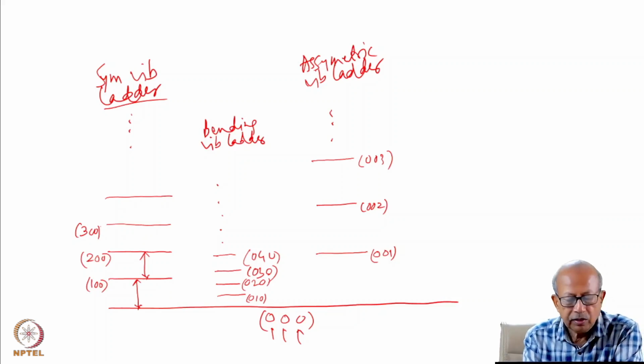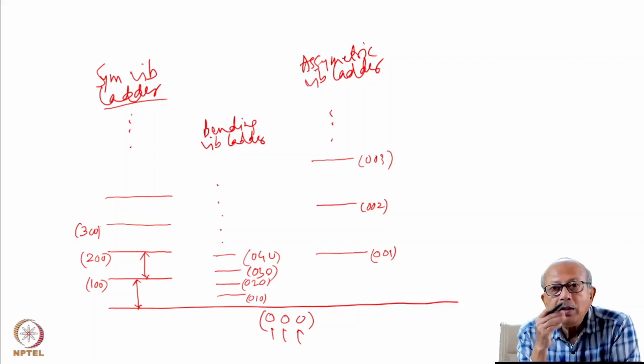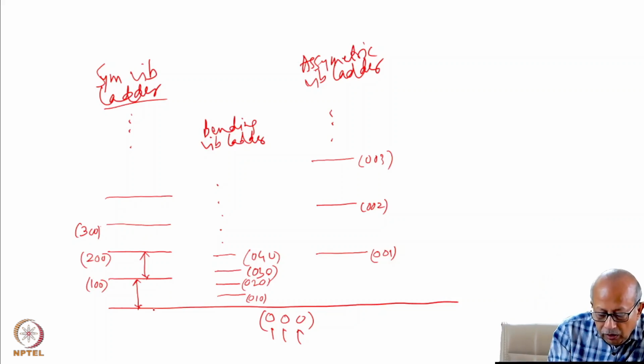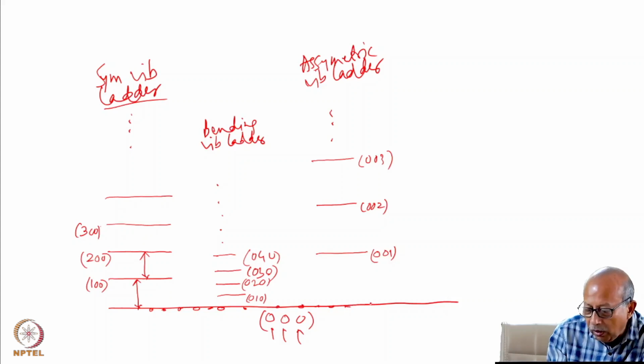Symmetric vibration excitation lies in between. Now, when the gas temperature is very low, most of the carbon dioxide molecules will reside in the ground state. This is well known.